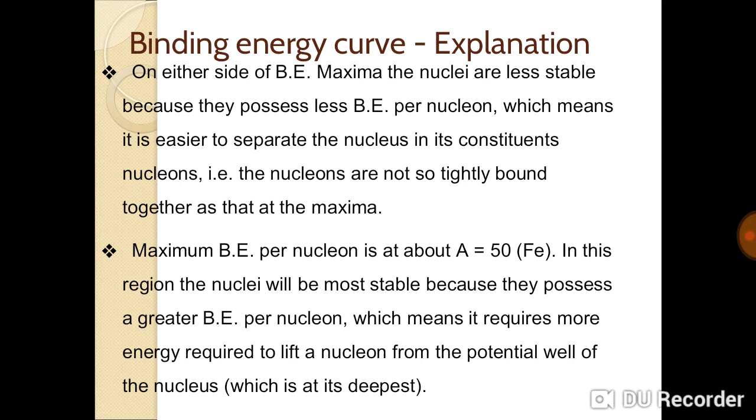Maximum binding energy per nucleon is at about A equal to 50. In this region, the nuclei are more stable because they possess a greater binding energy per nucleon, which means it requires more energy to lift a nucleon from the potential well of the nucleus.